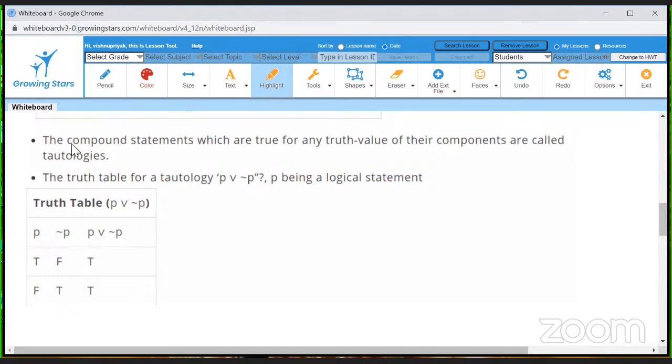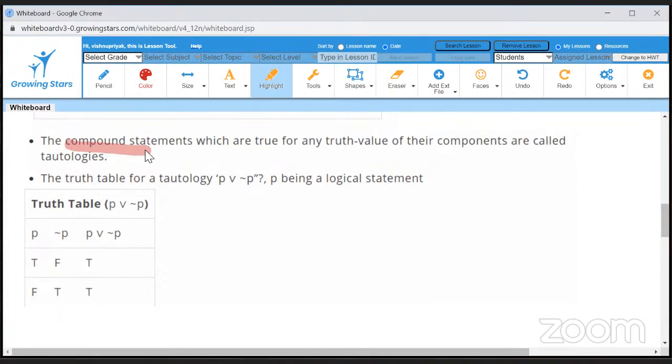Compound statement means we are taking two statements, and the components we are taking are tautologies, and we are writing the truth table.